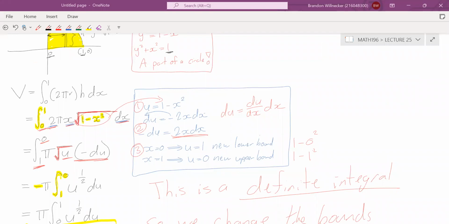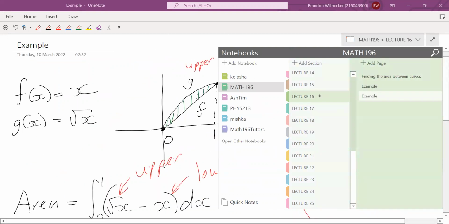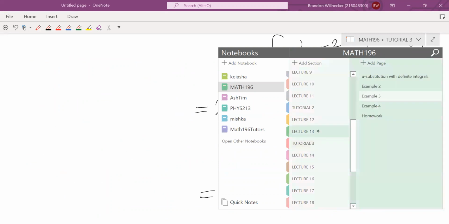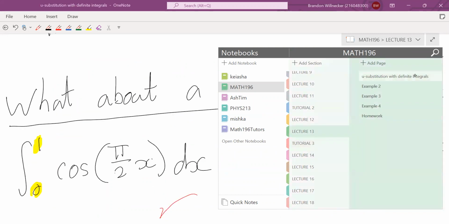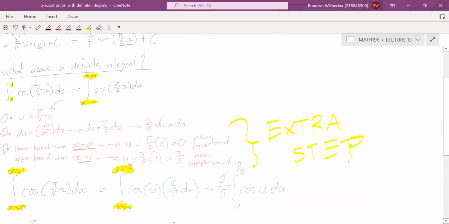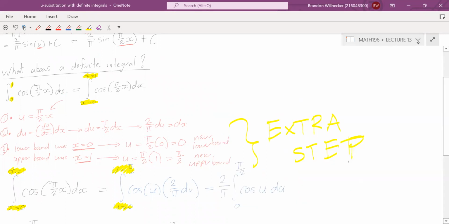Okay, remember back when we did u substitution? There we go. U substitution with definite integrals. Back at lecture 13, if you want to rewatch that, you always have to change the bounds.